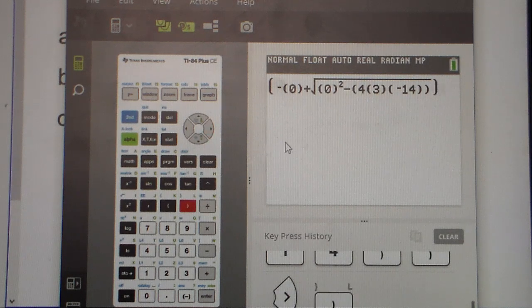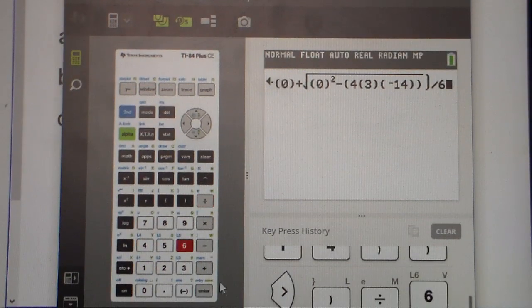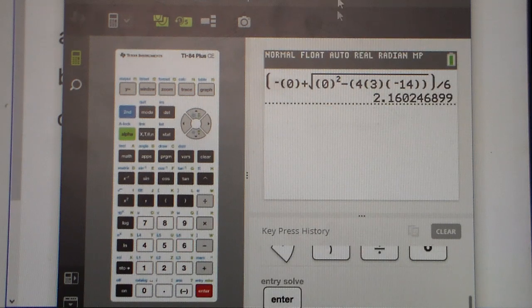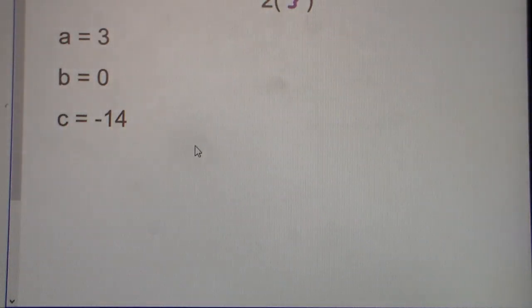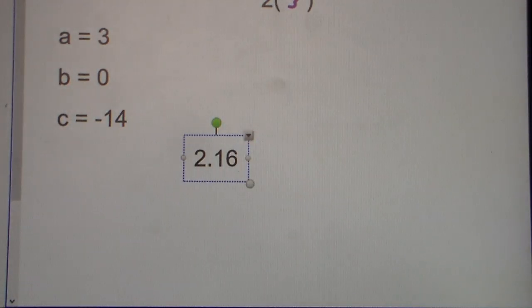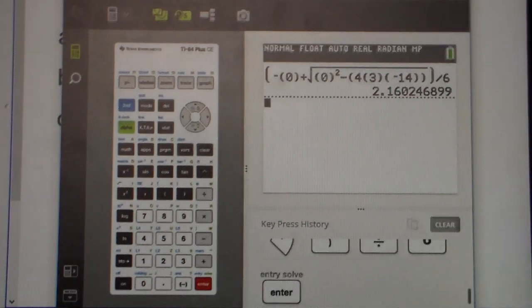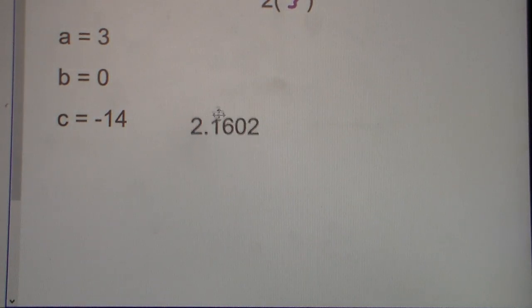Then I make sure I hit the right arrow key to get out of that parentheses on the outside, and I divide by 6, because 2 times 3 is 6. And our first answer is 2.1602. I'm just going a couple of places to the right of the decimal, not too many.